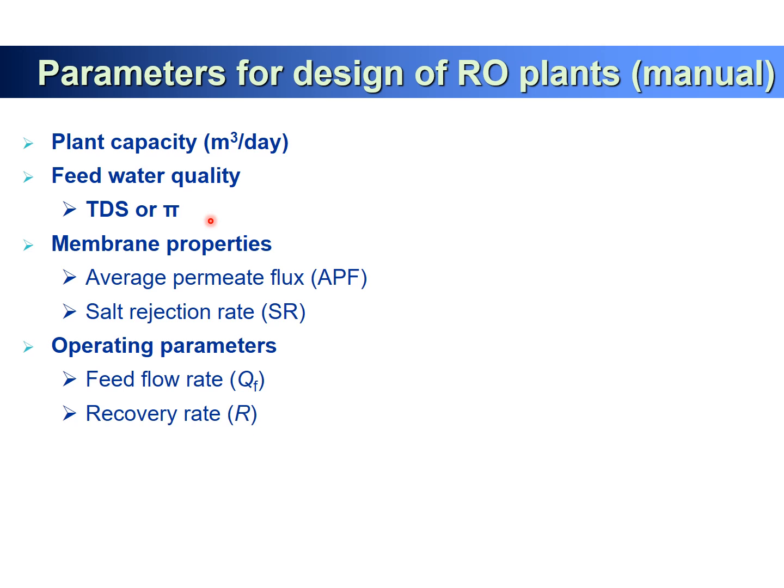Depending on your design of RO plants, we can decide which membranes are available in the market. When all the information is available, we can select the average permeate flux and the salt rejection rate, and then the operating parameters such as feed flow rate and recovery rate. This is the basic parameter set for design.